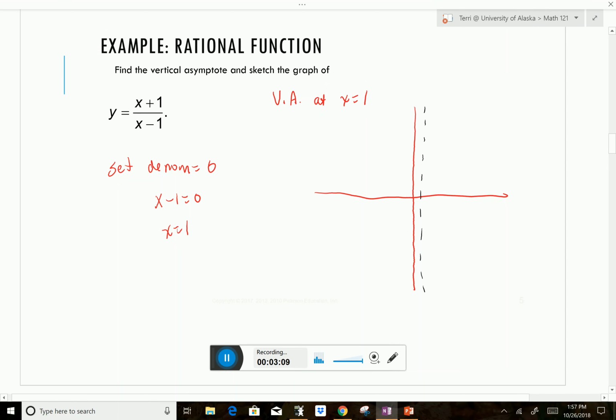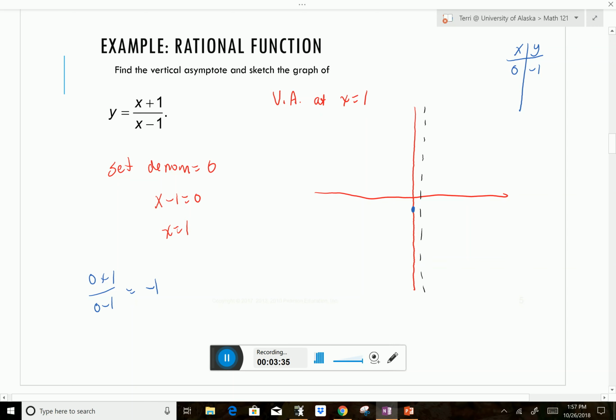What if I put 0 into this equation? So let's set some x's and some y's up. If I put 0 in for x, I'm going to have 0 plus 1 over 0 minus 1. That's going to be negative 1. So when x is 0, y is negative 1. Looks like that's going to be right here.